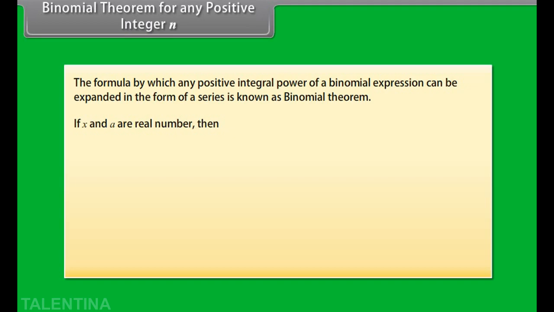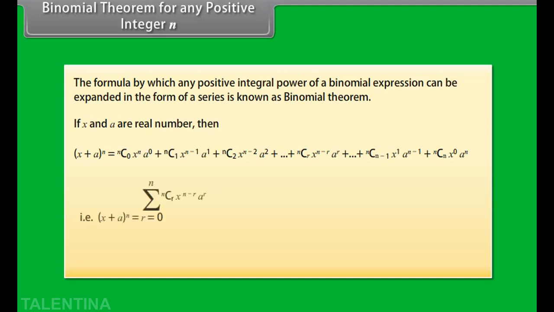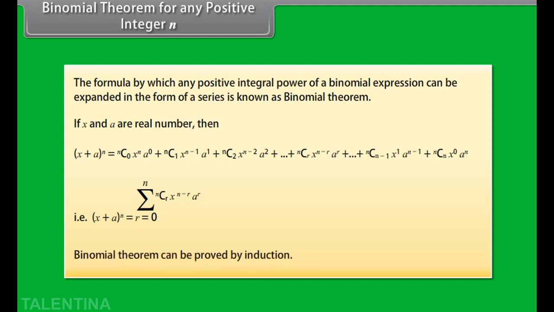If x and a are real numbers, then (x + a) raised to power n is equal to the summation from r = 0 to n of nCr x^(n − r) a^r. Binomial theorem can be proved by induction.